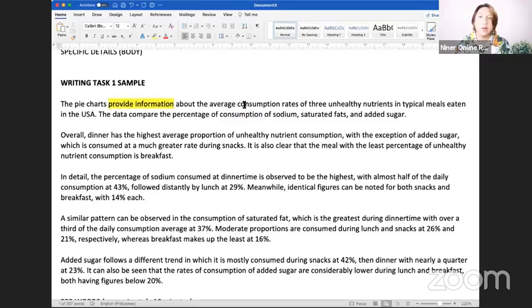I have here average, average consumption rates of three unhealthy nutrients, eaten, and then highest average proportion, with the exception of, and then much greater rate. So there you go, I'm highlighting them, least percentage.